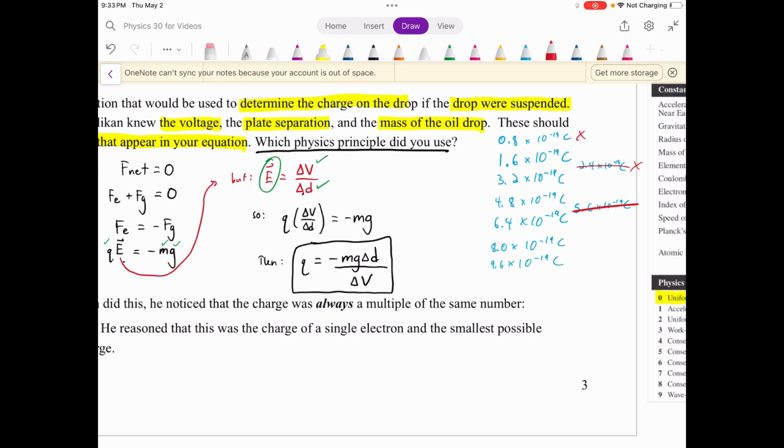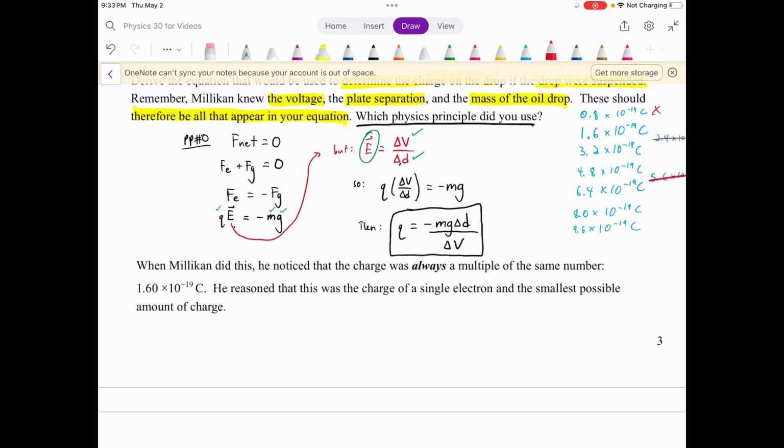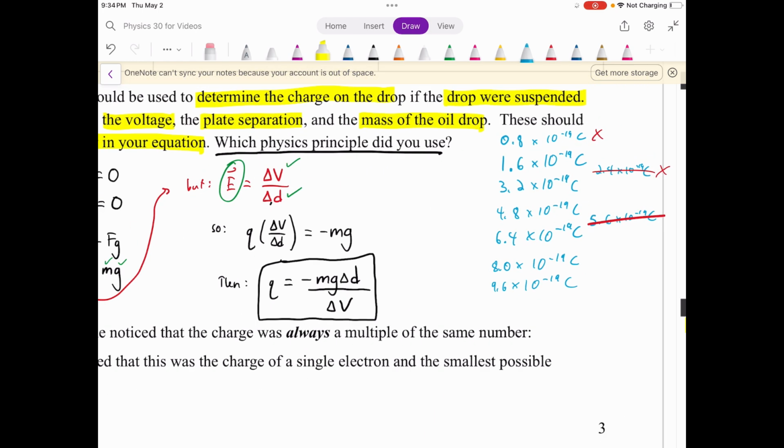And so what Millikan reasoned out was, well, this must be the charge then of one electron, because you can lose or gain one electron, you can gain 2 electrons or 3 or 4 or 5 or 6 or 100, but you can never gain half of an electron or 1.5 electrons or 3.5 electrons, right?